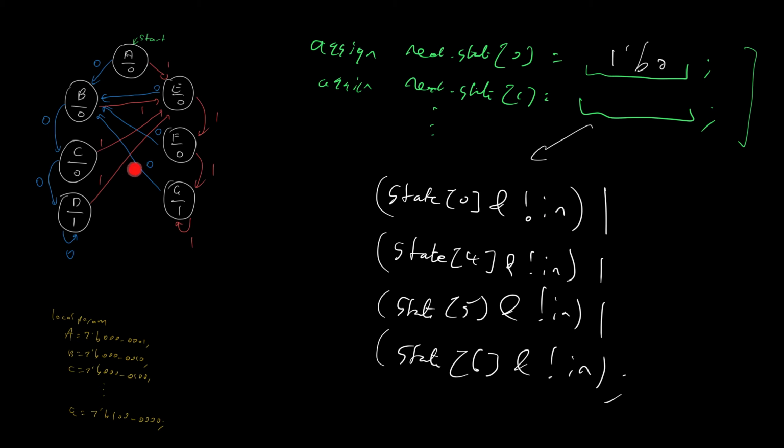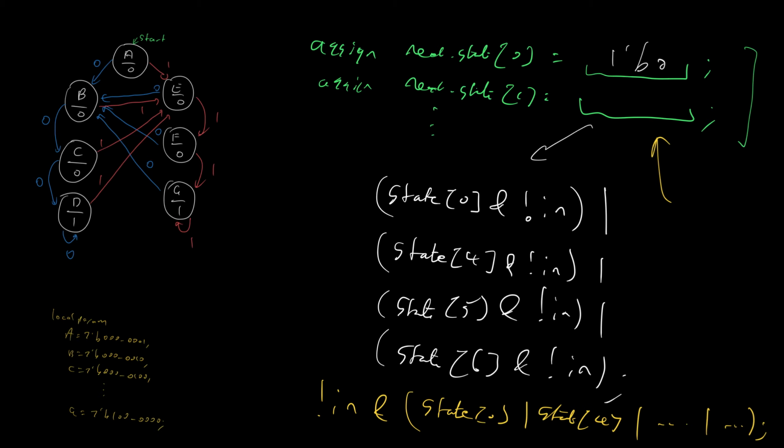We would have seen that immediately from this diagram, and so we could have instead written immediately that we want not in, and then we just OR together the different possibilities of the states. So state 0 or state 4 or, and I'm running out of room, state 5 or state 6. And that would have been an even faster way to write the logic expression for this assign statement here.